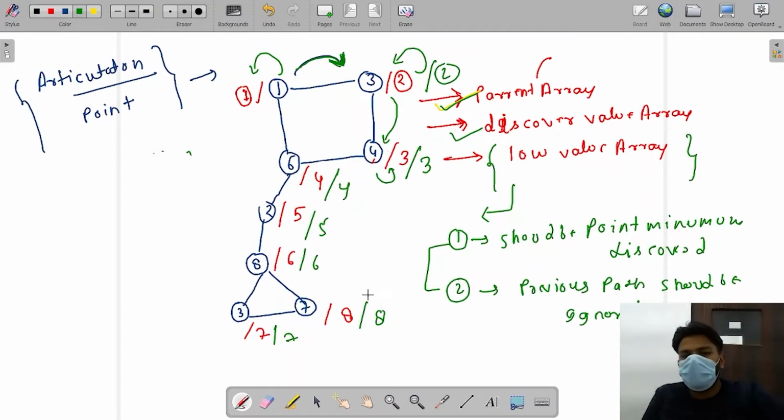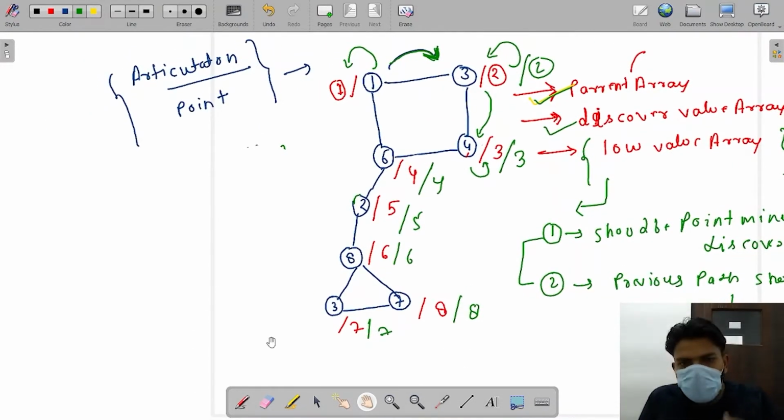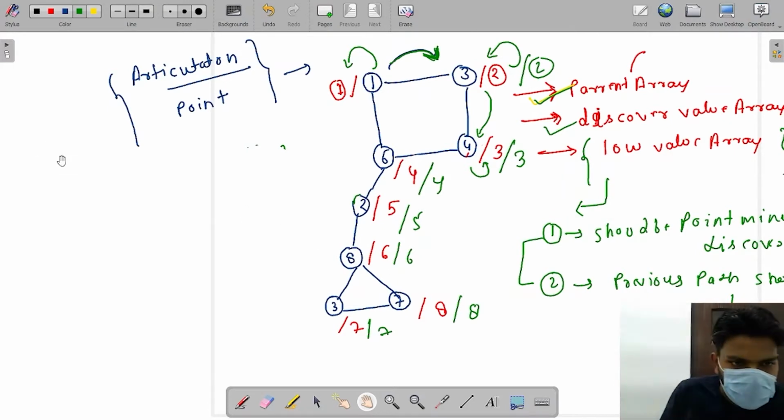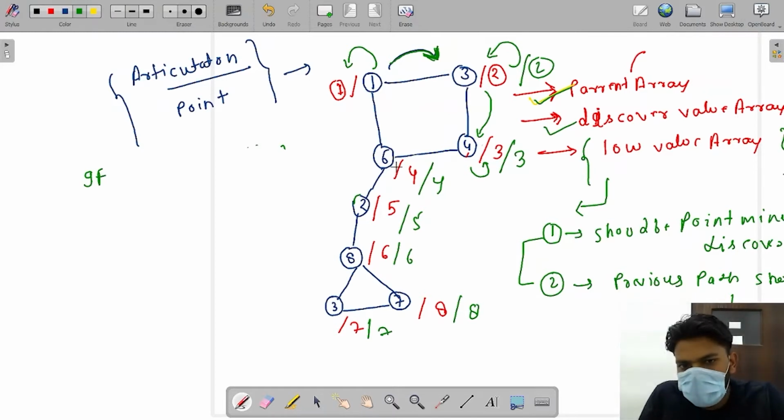But at some stage, I'm telling you about which stage we have to change our low value. So first we have to put some condition so that you understand. At some stage we have to change the low value according to a condition. So first condition: we ignore the previous path. At the vertex, sorry, I'm explaining at stage 7.